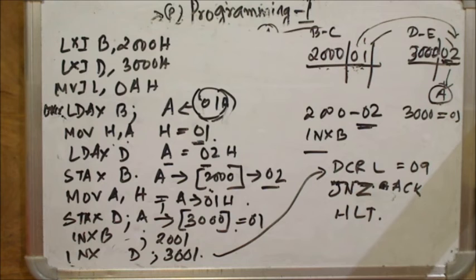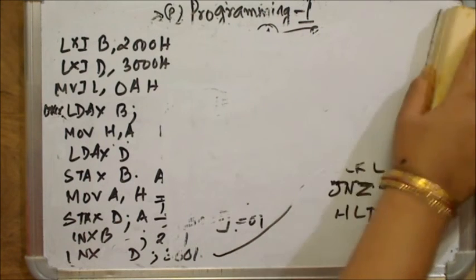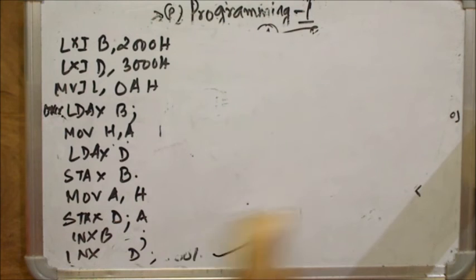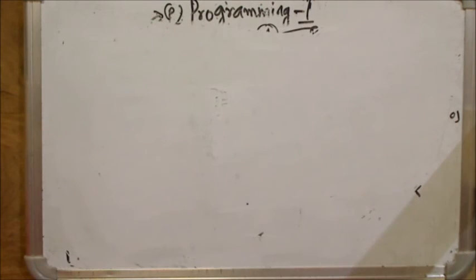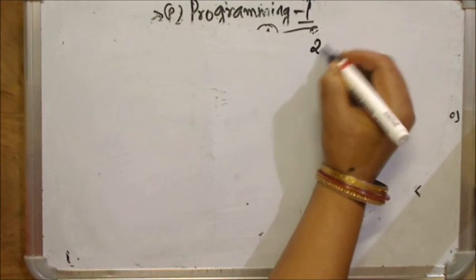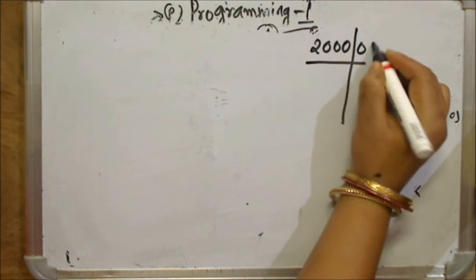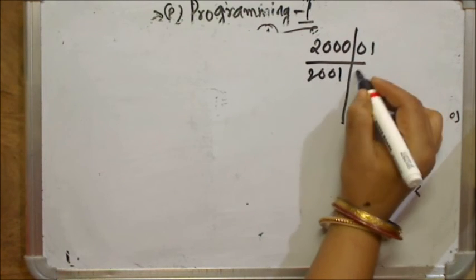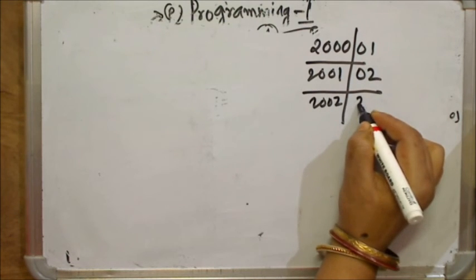Okay, so I'm revising this program once again with a smaller count. Let's see for the last time. I am taking 3 data. We'll exchange the data. This is 01, this is 02, this is 03.